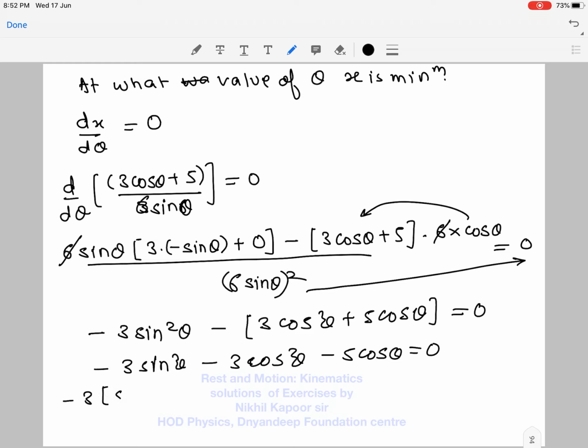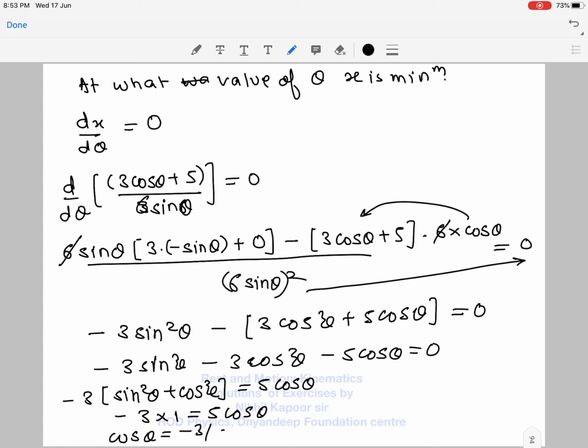And if I take minus 3 as common, here it will be sin square theta plus cos square theta, equal to 5 cos theta, and sin square theta plus cos square theta is 1 according to the first trigonometric identity. So therefore cos theta is equal to minus 3 by 5. So when theta is cos inverse of minus 3 by 5, then x is minimum.